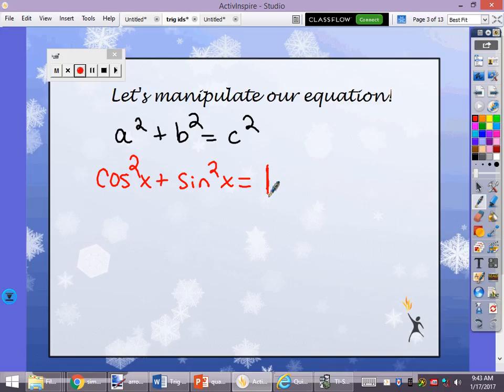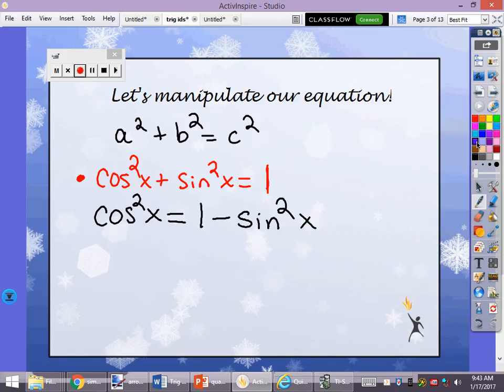I can take this equation and come up with 2 others, easily manipulating it. Just so you know, this is the only one that they would give you on your formula sheet. Okay, so let's manipulate it. If I want cosine squared by itself, that is equal to 1 minus sine squared x.